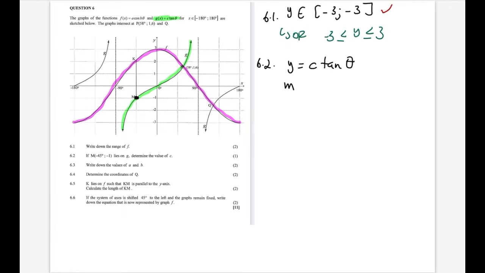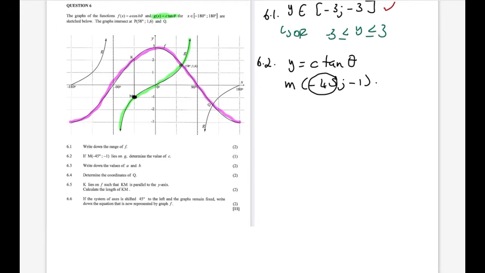And now they're telling us that that graph passes through the coordinates -45 degrees and -1. In other words, when theta is -45, y is -1. We can substitute this point into this graph. Wherever we see theta, let's put -45 degrees. Wherever we see y, let's put -1.